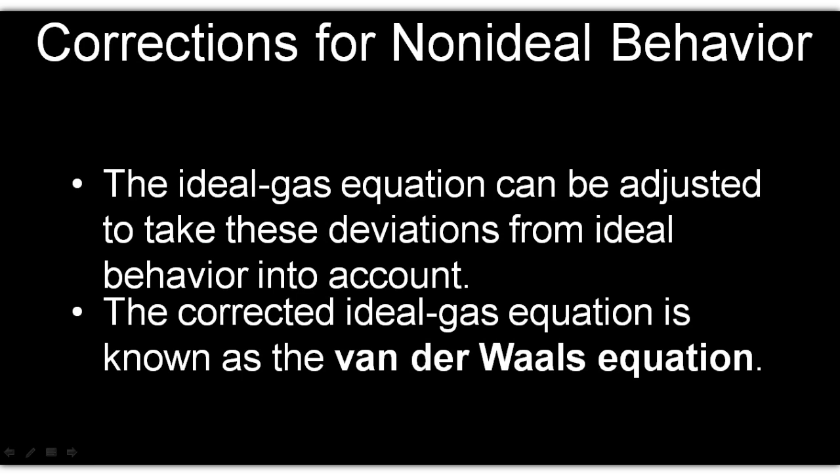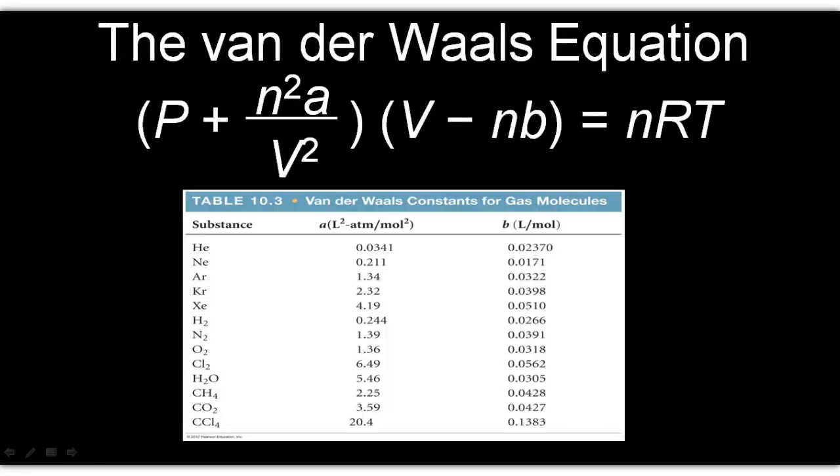We have to make some adjustments, and these adjustments are known as the van der Waals equation. These are some corrections we can put into that equation, but then we can ask why we are adding this variable or that variable.